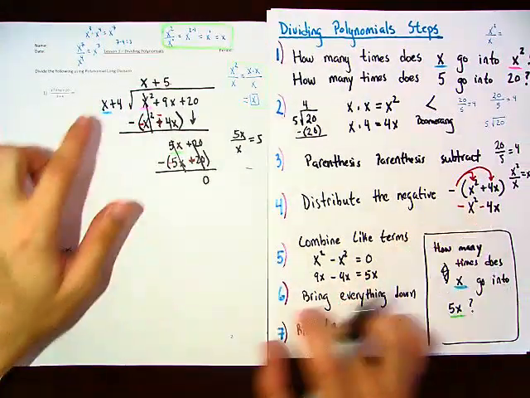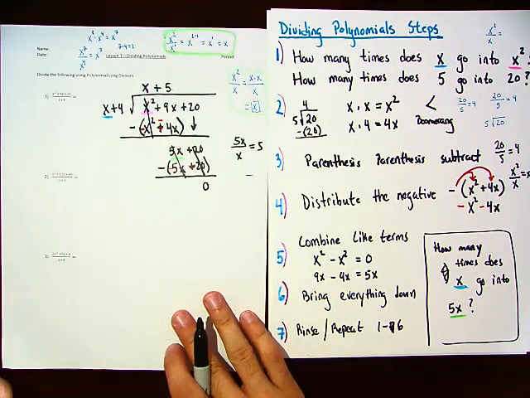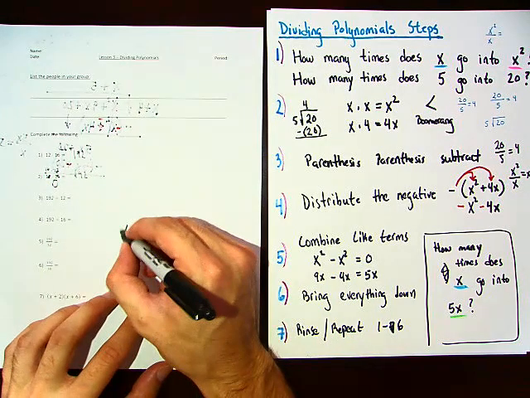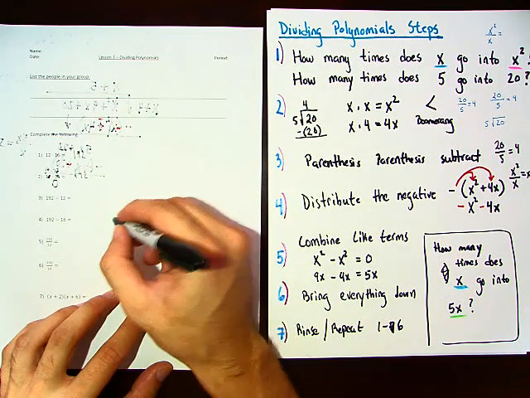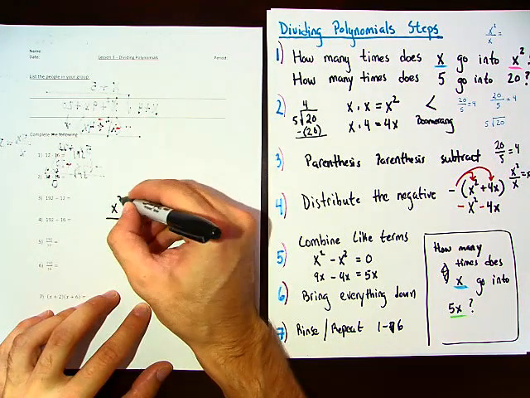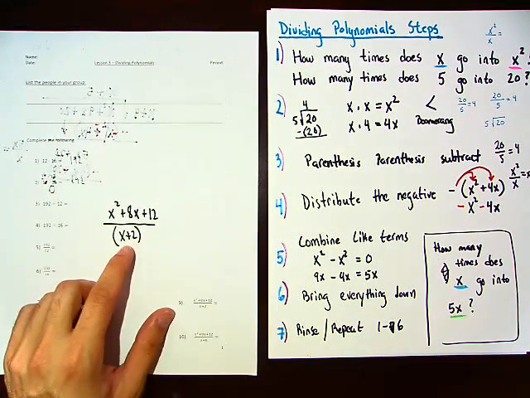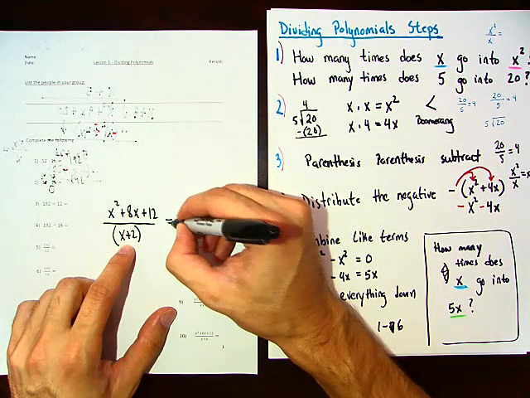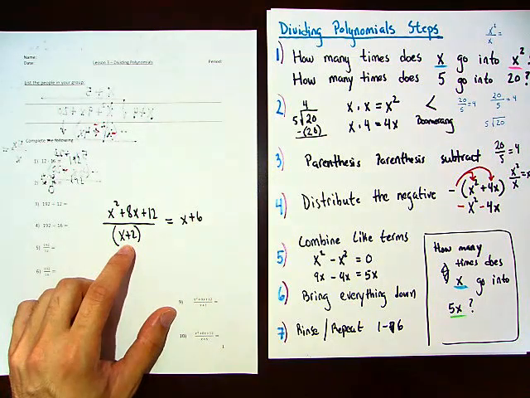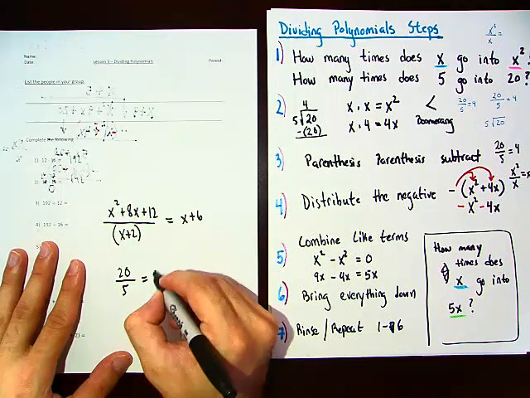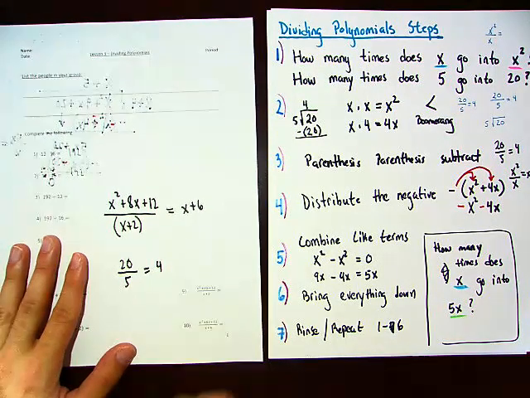Okay? And what does that mean? Because don't you remember over here in this problem that if I said x plus 2, right? If I said x squared plus 8x plus 12, right? When I looked at this problem over here, it was x plus 6. But what else has to be true? Like if I say what's 20 divided by 5, it's 4. What else has to be true?